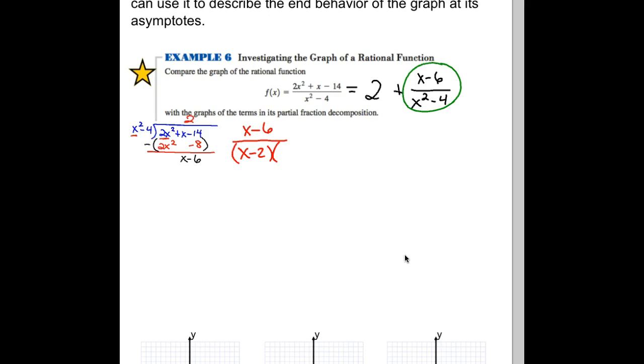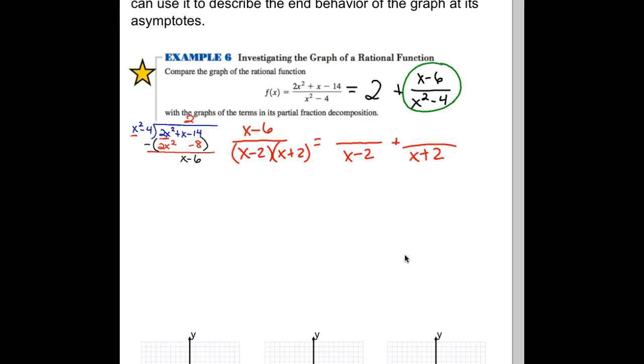You should have broken it into x minus 2 and x plus 2. Yes? So how many fractions are we going to have in this? We're going to have 2. One is going to have a denominator of x minus 2. The other is going to have a denominator of x plus 2.